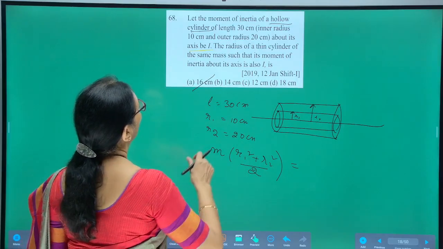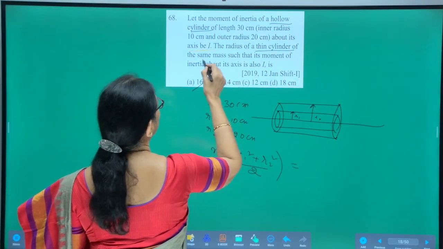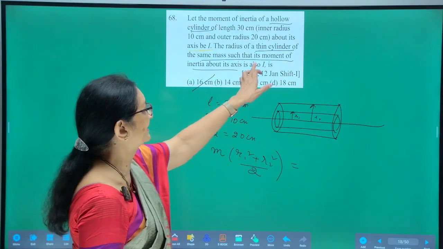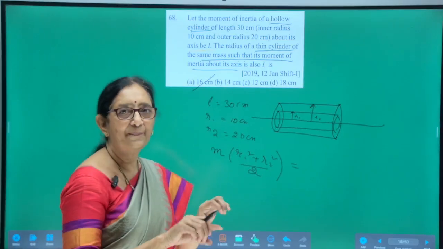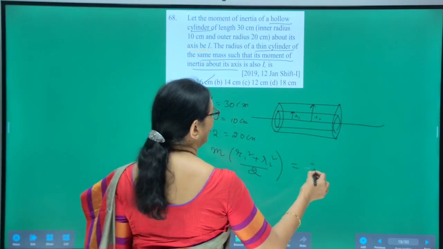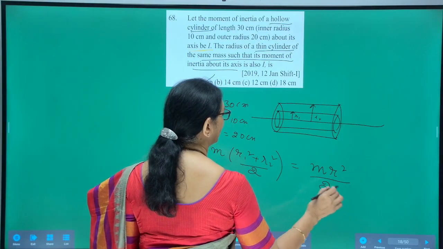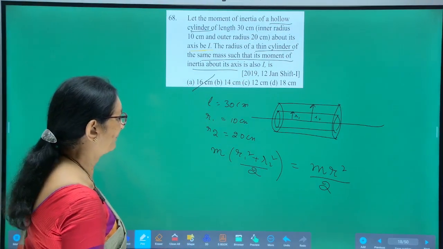So, here the radius of a thin cylinder of the same mass with moment of inertia also I. Suppose there is no hole, just radius r, then its moment of inertia becomes mr square by 2.